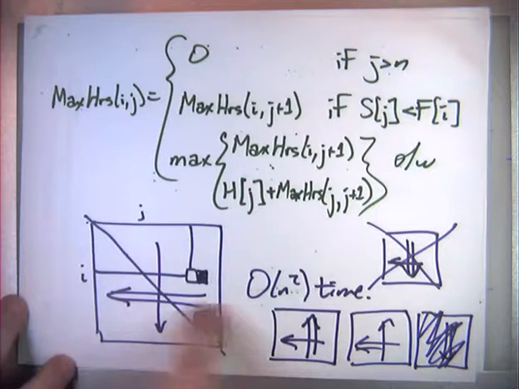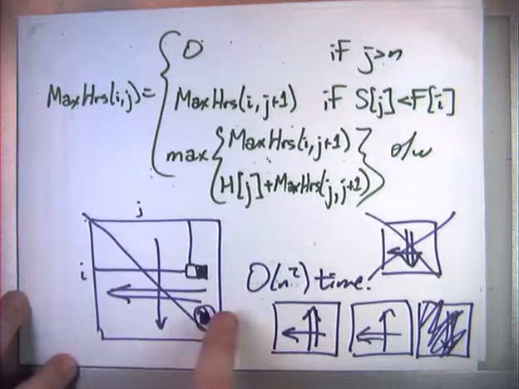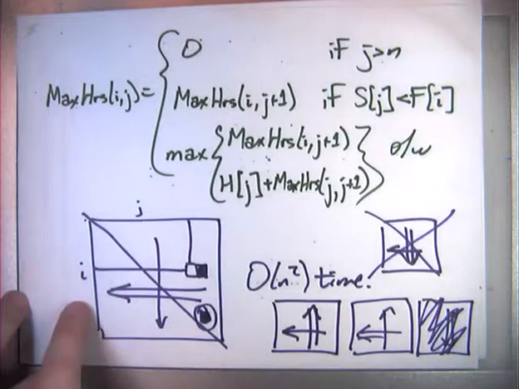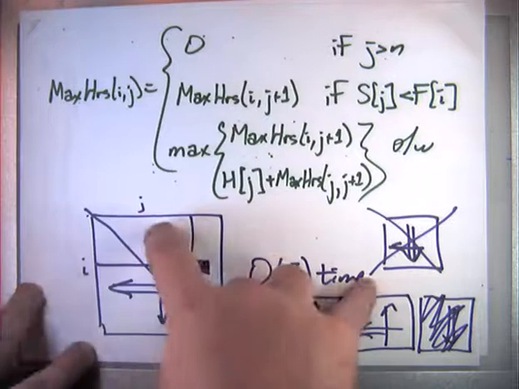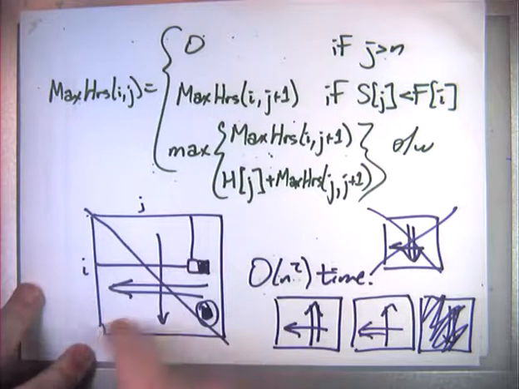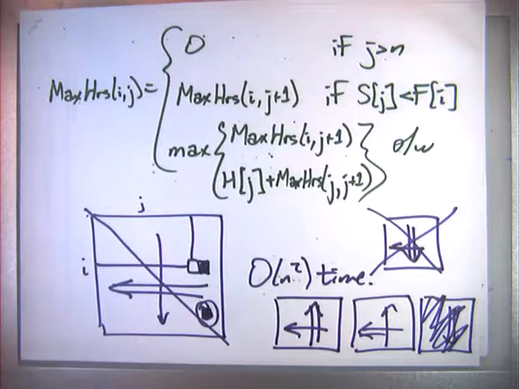What these arrows mean is the outer loop is for j equals n down to 0. The double arrow means it's the outer loop. And the inner loop, the single arrow, means it's for i equals 1 to n. So whether it's double or single tells you whether it's inside or out, and then the direction of the arrow tells you whether you want a loop going up or loop going down.